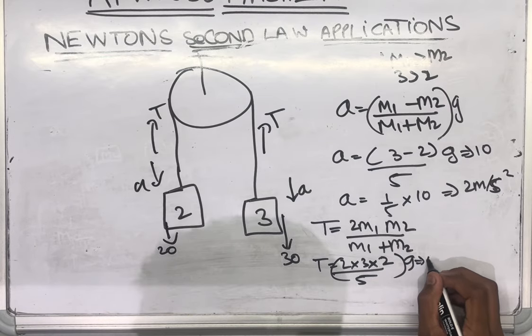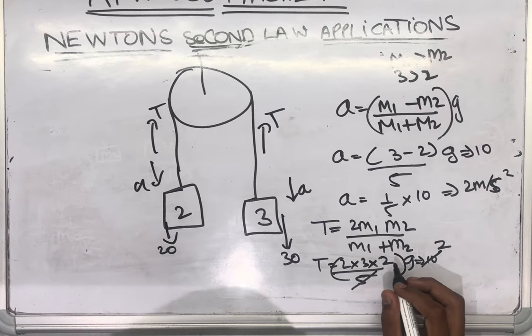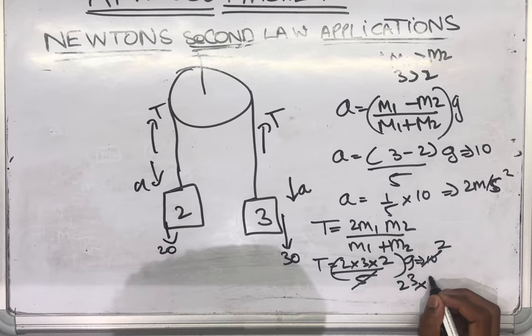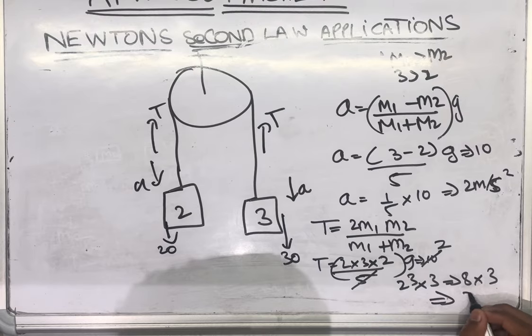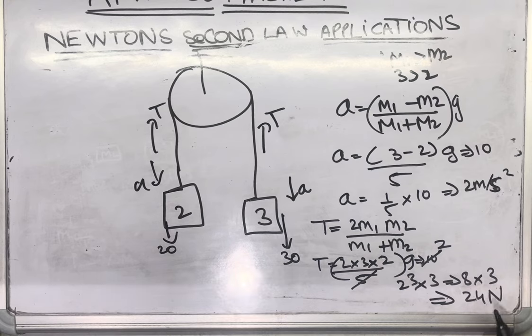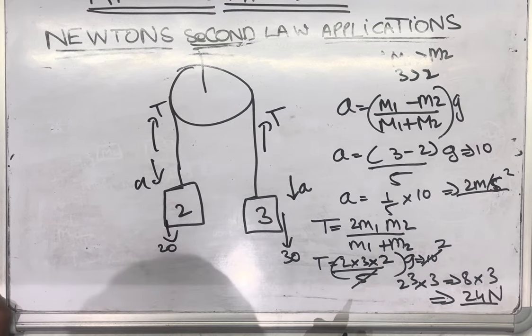So g is nothing but 10. 5 and 10 cancel, which is 2. 2 into 2 into 3, which is 4 into 3, which is nothing but 24 Newton. So we got 24 Newton and 2 meters per second square, which is correct.